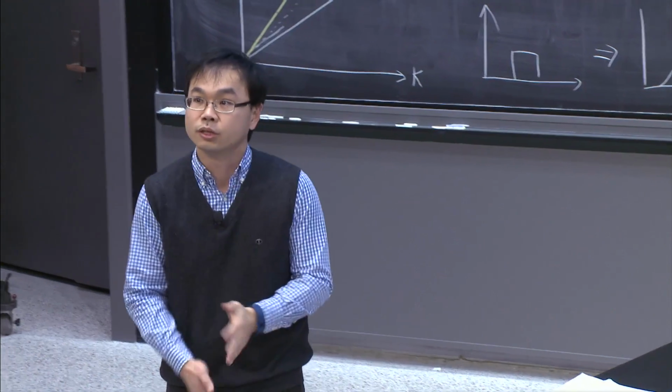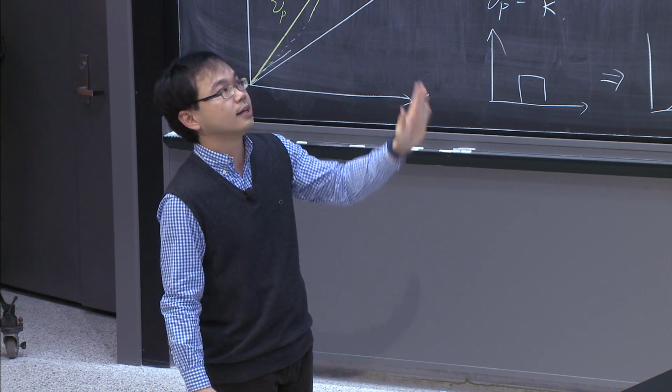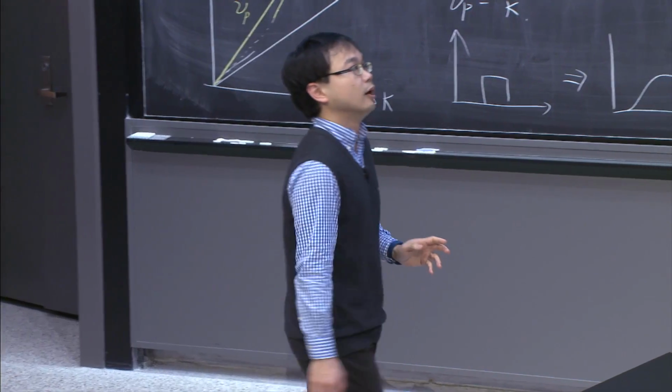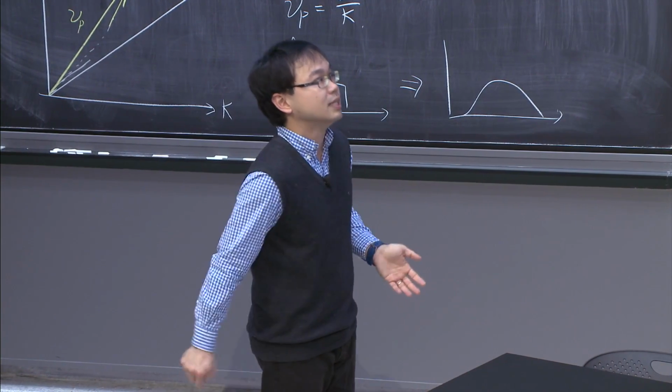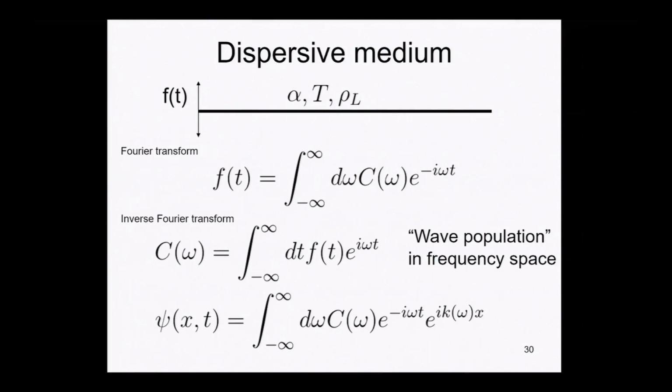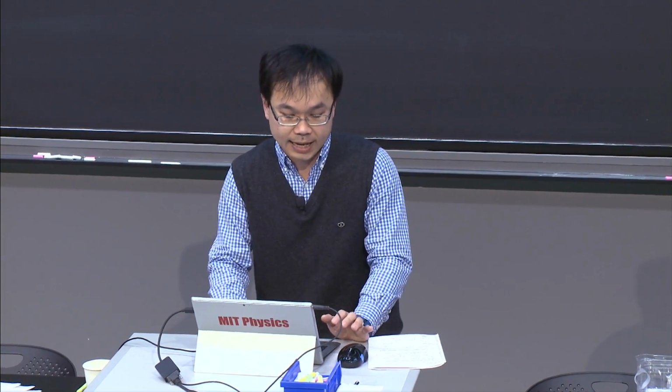Okay, so that is really cool. And you can, of course, do a cross-check by assuming that this is a non-dispersive medium, and you are going to get back what you should expect for the solution psi xt in a non-dispersive medium.